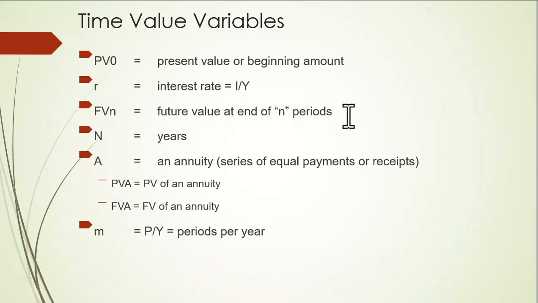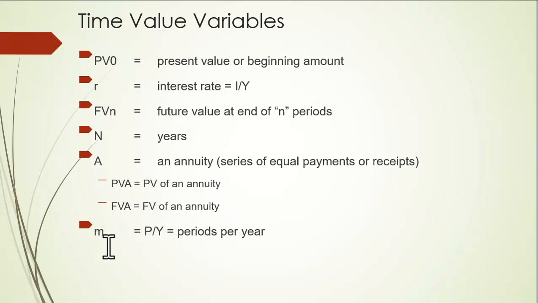So this is the end value that we are either solving for or that we know about. N is the number of years. A is the annuity. Sometimes it might be payment. And of course, we might be solving PVA, present value of an annuity, or FVA, future value of an annuity.